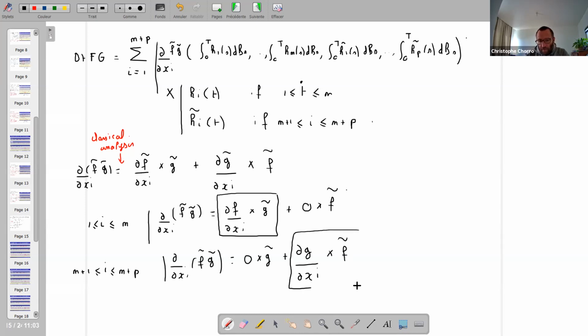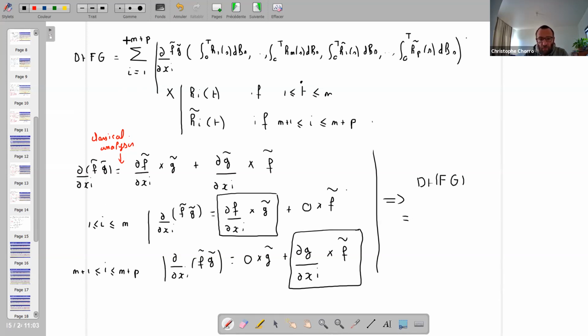So I have simply this term. And at the end, if you compute Dt of fj using this formula and the property for the partial derivatives that I have inside here, what I obtain simply is that Dt of f times g is equal to what?